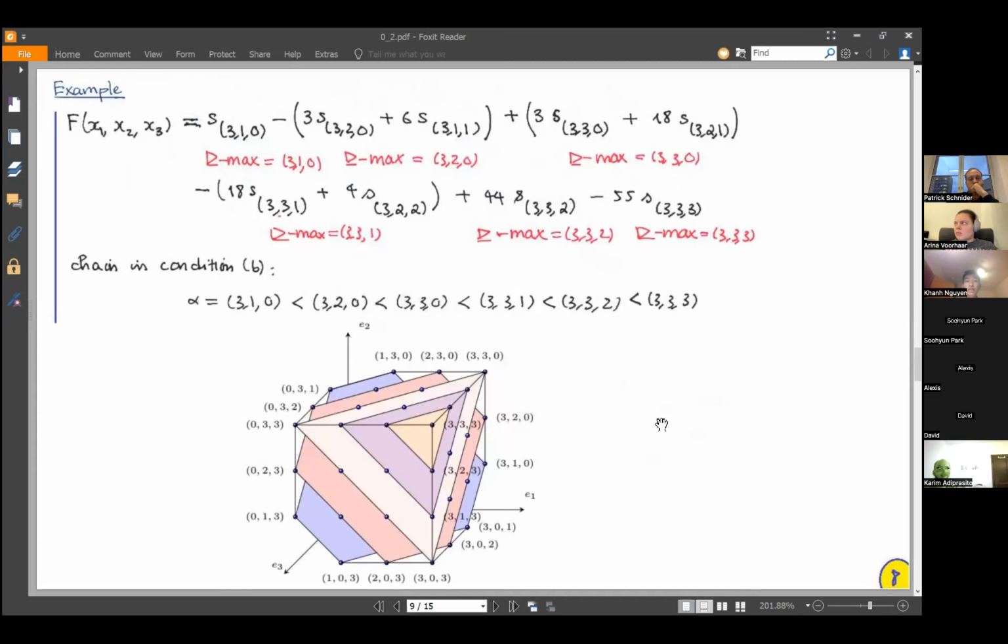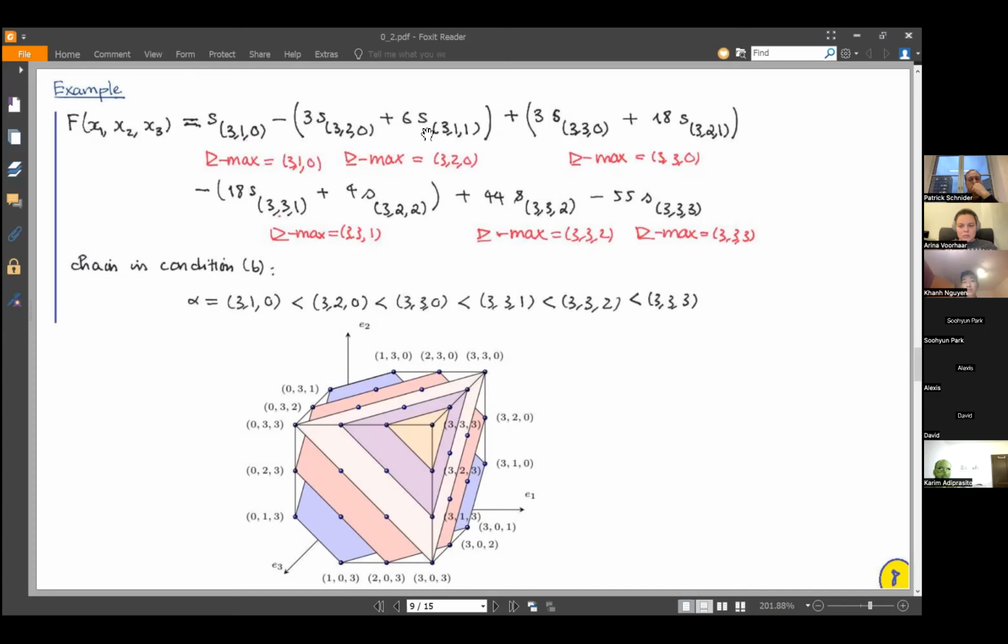So for example, here I take f, big F, equal to this, which is a linear combination of Schur functions. I don't want to use all of them, but you see that in the expression, I collect the Schur functions into brackets because they have the same sign. For example, for the first bracket, the sign equals 4.